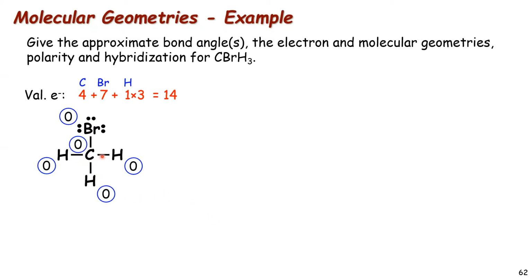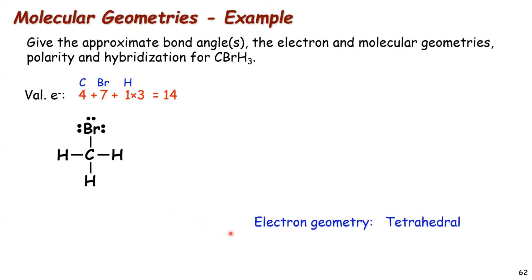There are 1, 2, 3, 4 regions of electron density around the central atom, so it's going to be tetrahedral electron geometry. That's going to have a perspective drawing that looks like this. These two are 109.5 apart in the same plane, and then one is coming out at 109.5 and one going back behind the screen at 109.5. Carbon's our central atom, and then you can put the atoms wherever you want.